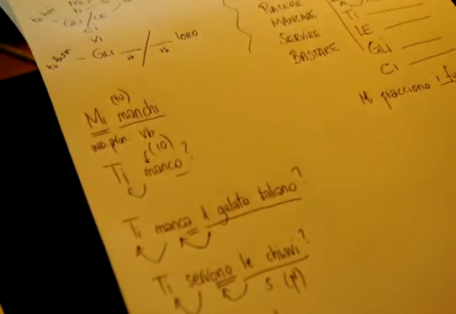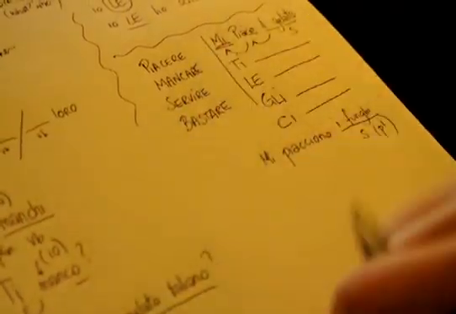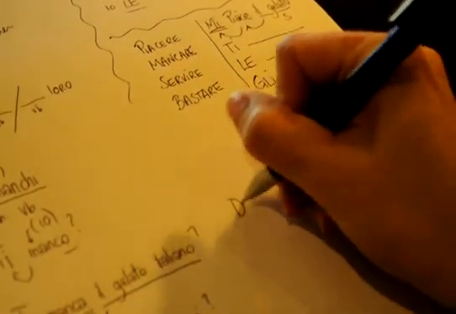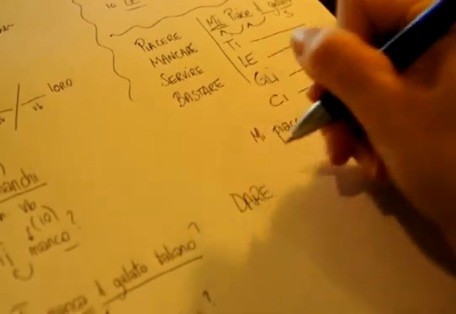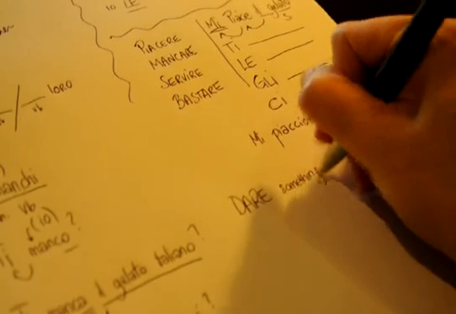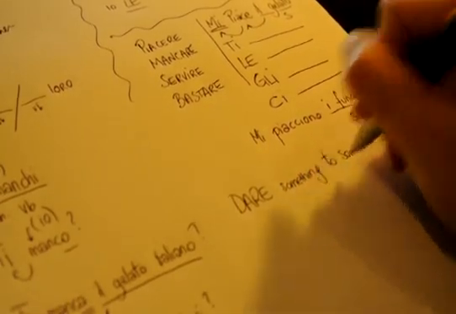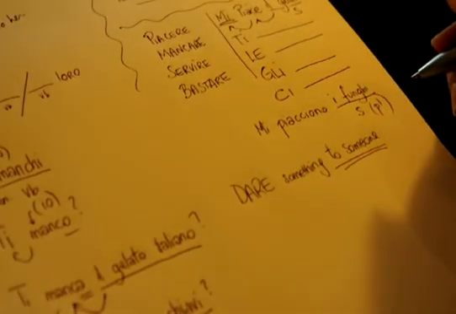If we think of other sentences, some verbs just require an indirect. For example, dare, okay, to give. You will always give something to someone. That's your indirect.